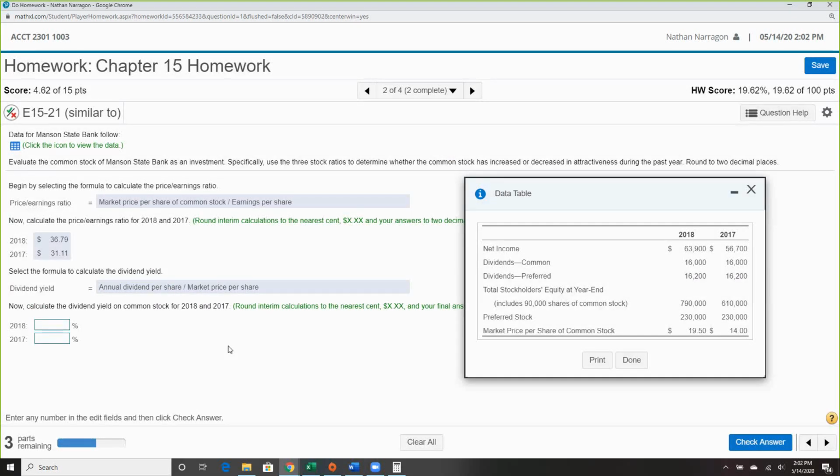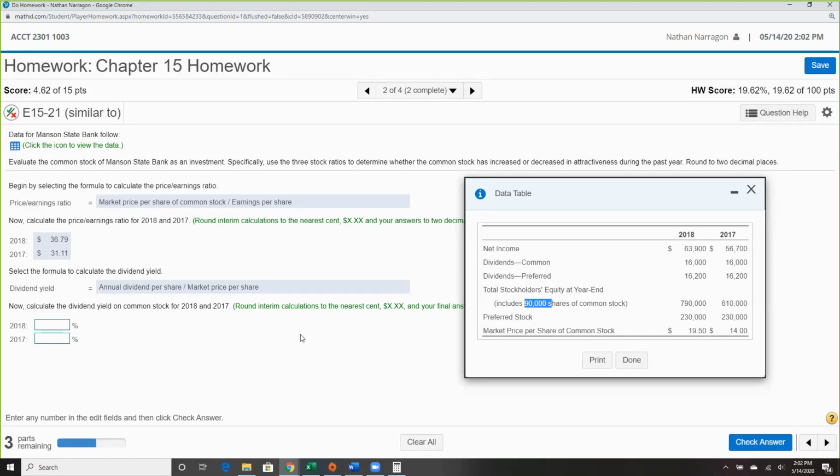Okay. So now calculate the dividend yield for common stock. Alright. So we only again know that we have 90,000. That's the only shares we're going to use. That's all the problem's going to give us. We're not going to dive too deep. We're going to look at common stock.